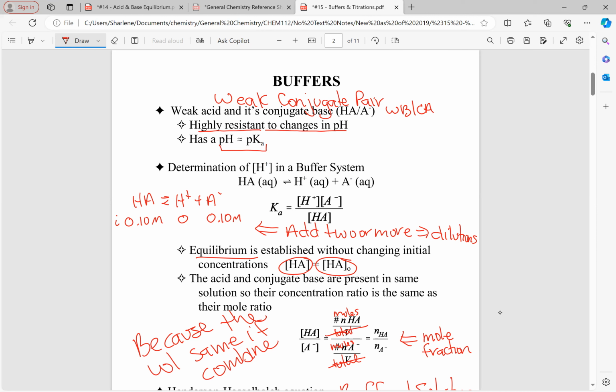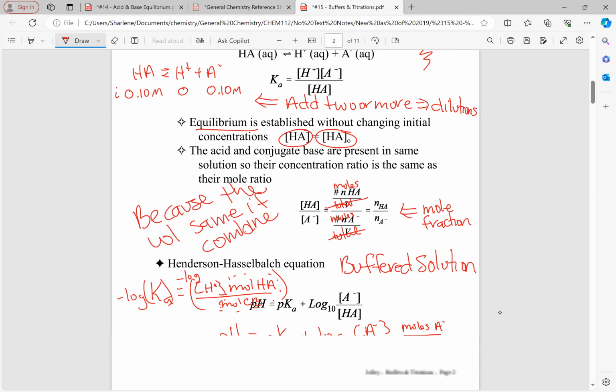It is a weak conjugate acid-base pair, the weak acid and its conjugate base or the weak base and its conjugate acid, and it's going to resist changes to pH, and we can plug in moles. That's my most exciting part so far. We can plug moles into the Henderson-Hasselbalch, and the Henderson-Hasselbalch is just the equilibrium expression manipulated.